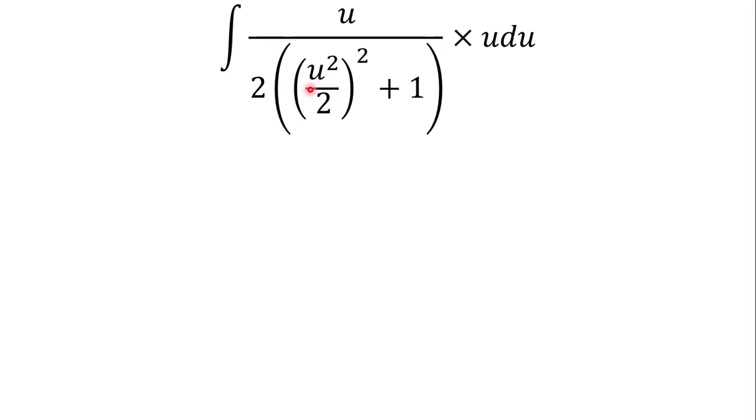When we open this bracket, we are going to get u raised to the power 4, and then here 2 raised to the power 2 will give us 4. u times u will give us u squared.